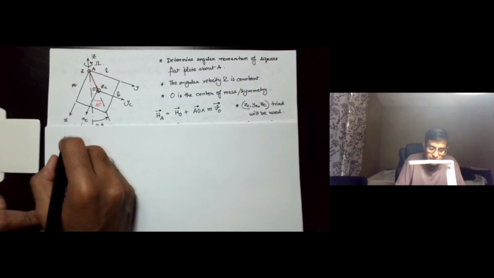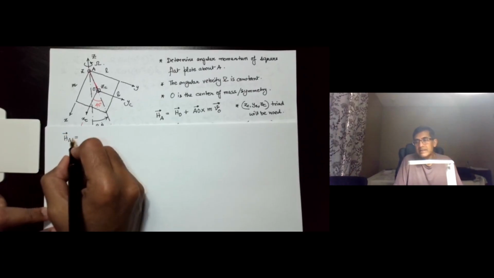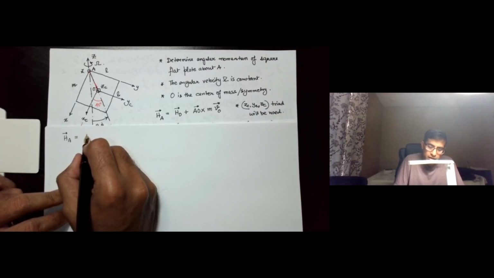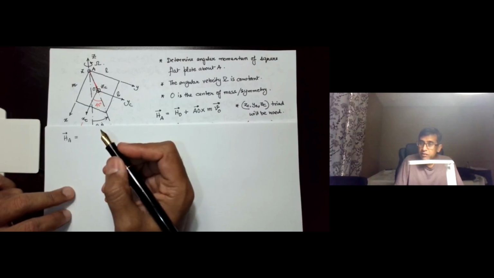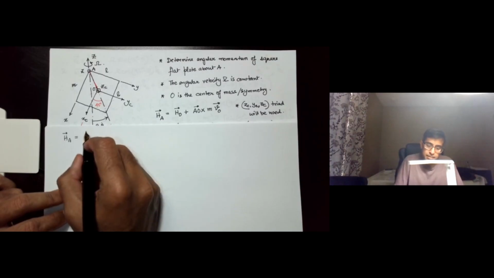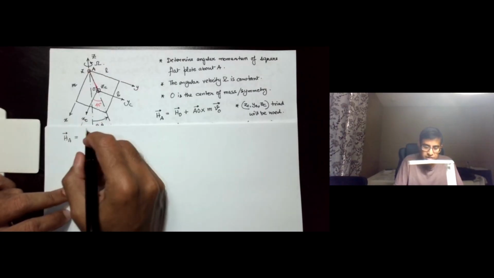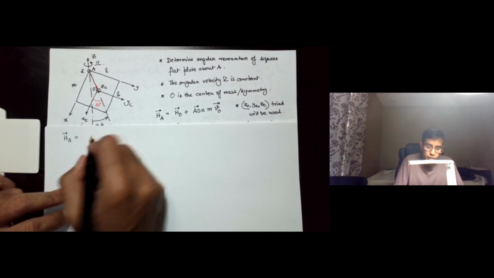So I'll keep the picture in view. We note that H at A can also be expressed as I omega, where I is the inertia tensor and omega is the angular velocity, the net angular velocity of this square flat plate.